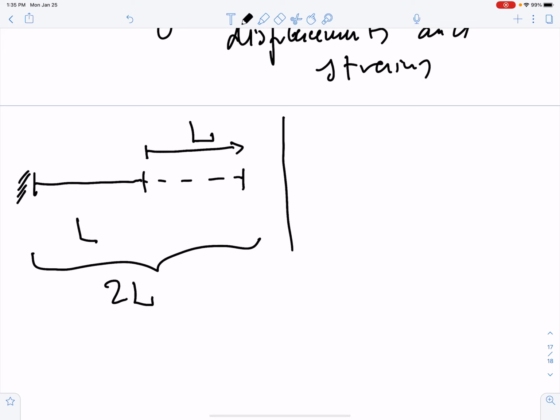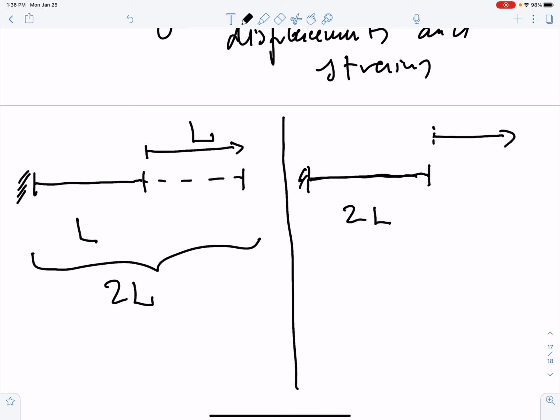Then supposedly on the other side you had a bar, prescribed here, that is of size 2L. And then you displace it, and now you displace it also by 2L.